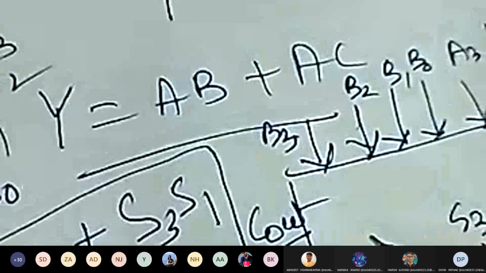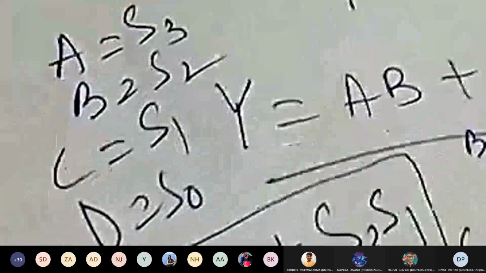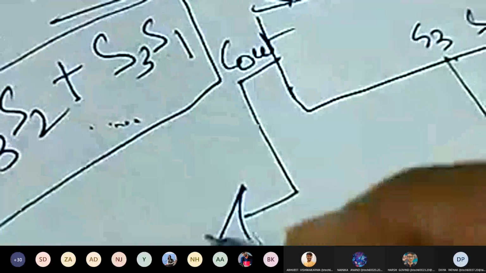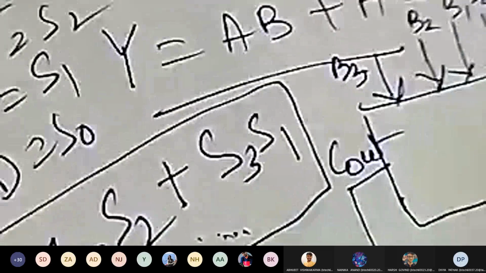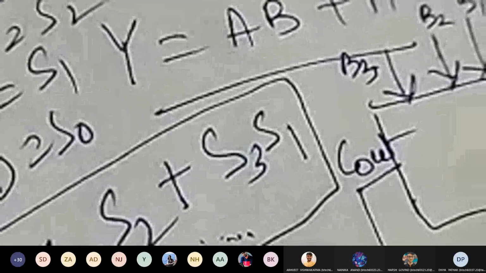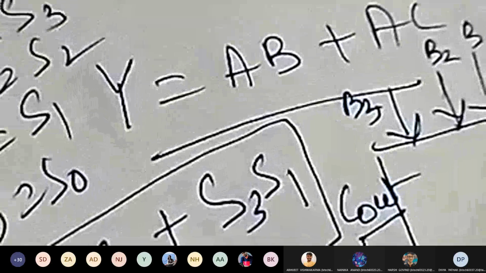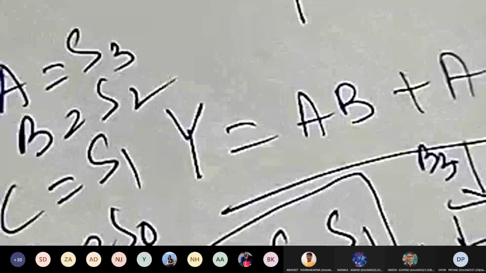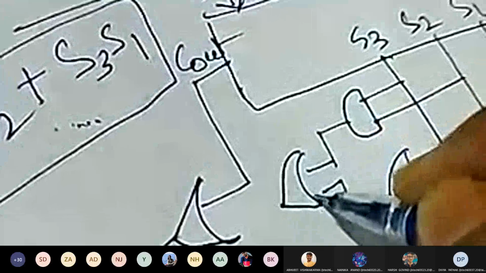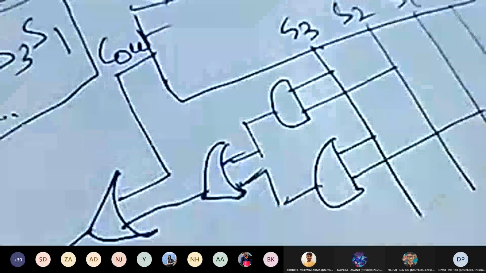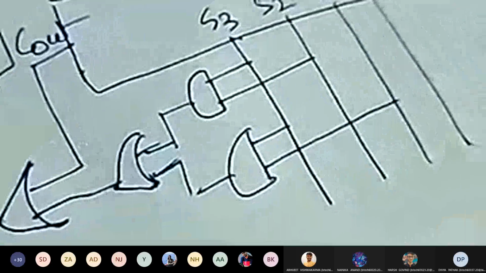And this C out will be ORed with something that I will tell you, that is S3 into S2 and S3 into S1. These both will be OR, and this will take one output and C out will be one output, and it will go here.